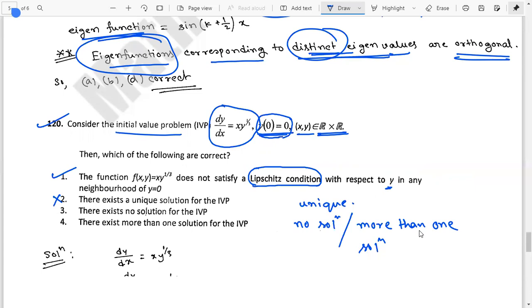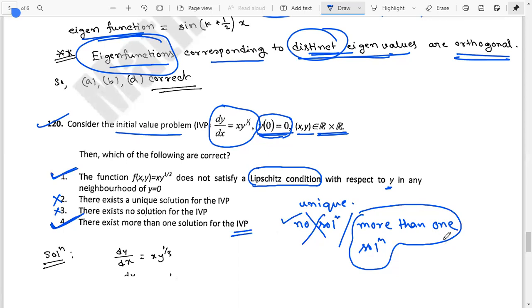So option 3 is incorrect. Since it is not satisfying the Lipschitz condition, we have two choices: either there will be no solutions, and we have already shown that there is no chance of that, so only one possibility remains, that it will have more than one solution. Option 4 says there exist more than one solution for the initial value problem, so option 4 is the correct option. So for this problem, option 1 and option 4 are the correct options.